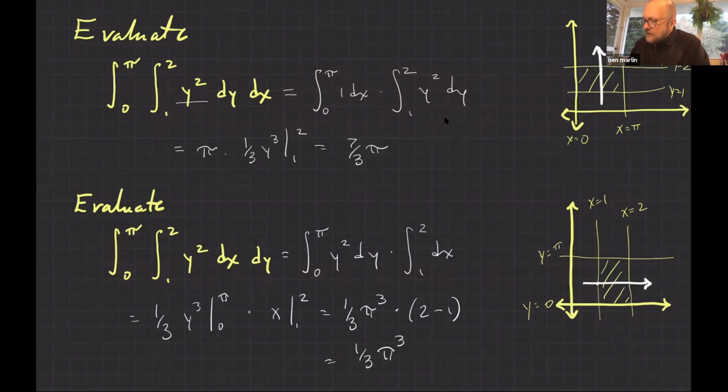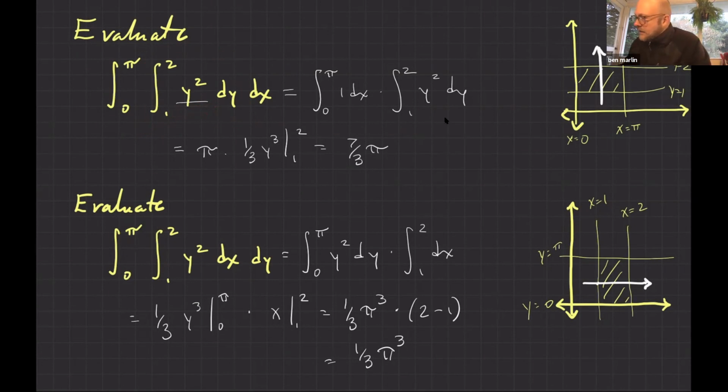You think about integrate the inside portion and evaluate, and once you've done that, then you can integrate the outside portion. If it so happens that you can factor this, then you can break it apart and do two integrals independent of each other. But that doesn't always happen, so be aware.